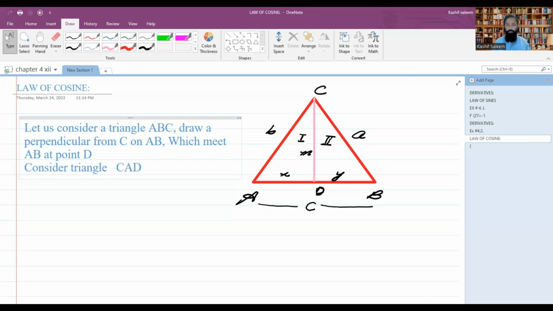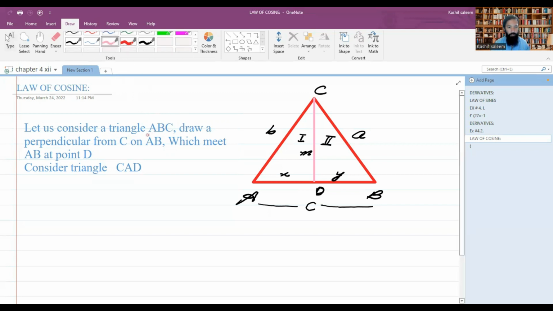This is line AB. This is triangle CAD. I forgot to write the angles here. Angle A is alpha, angle B is beta, and angle C is gamma.